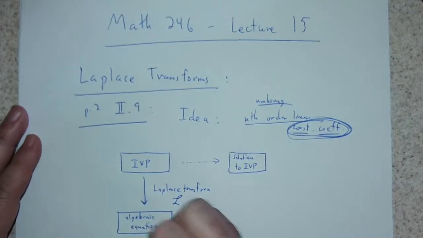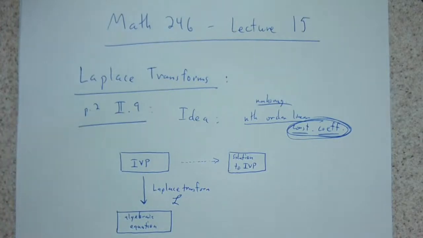What do I mean by that? An algebraic equation is one that doesn't have any derivatives in it, one that only involves polynomial type things and dividing by polynomial type things. So I take the IVP, hit it with the Laplace transform, and I get algebraic equations, things involving polynomials.